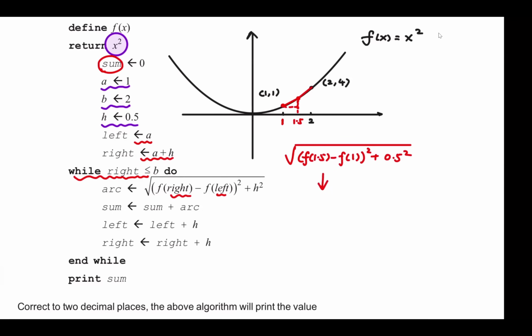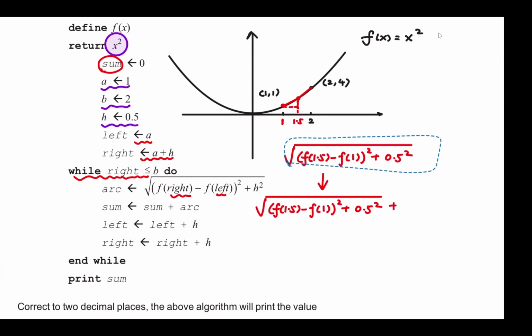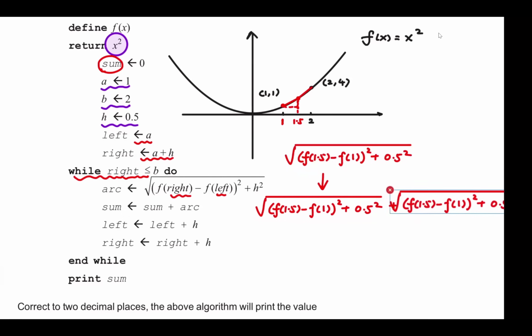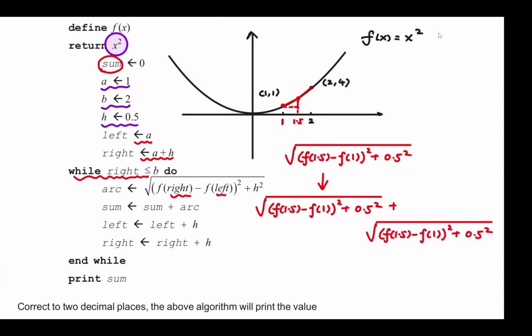And then we pretty much count this bit of calculation plus, let me do another duplication, another square root expression here, okay? And the next thing is we need to get left plus h. So that is 1.5 plus 0.5, which is 2.